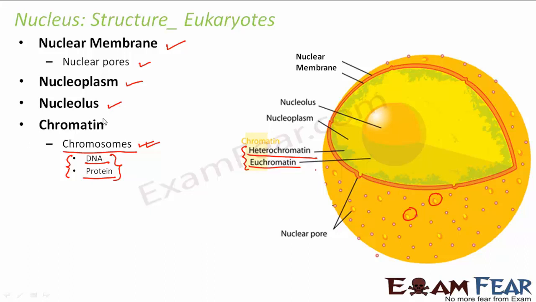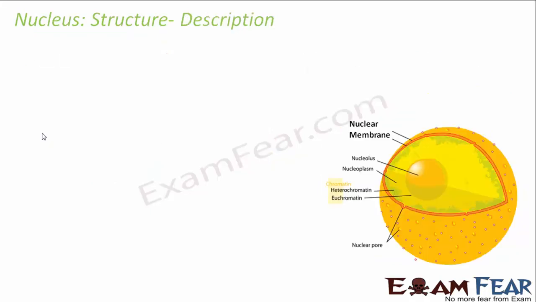Again in the nucleoplasm, other than the nucleolus, you have some thread-like structures. These thread-like structures are the chromatin. So these four are basically the four important structures of the nucleus. Correct? Okay. Let us go ahead and describe each of them.